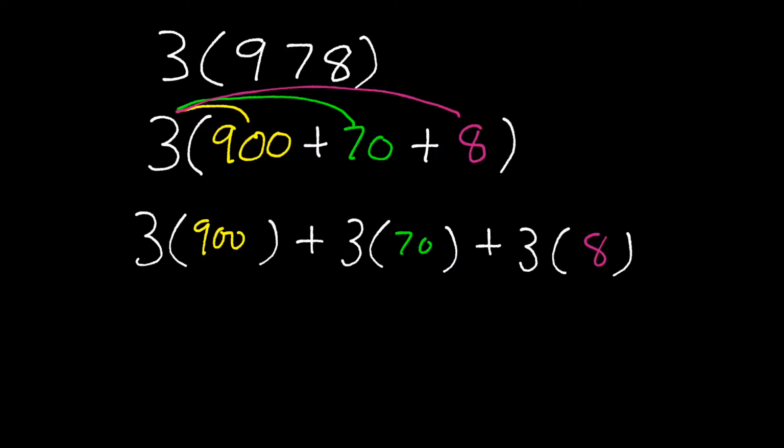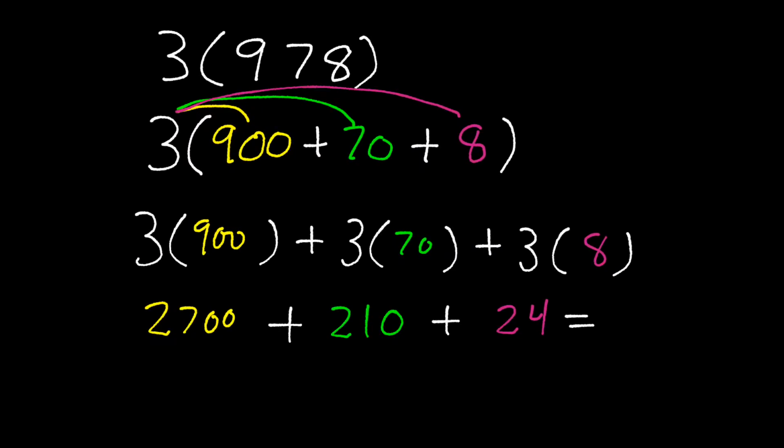These, like I said, should be much easier for us to do mentally. 3 times 900 is 27 with 2 zeros. 3 times 70 is 21 with 1 zero. And 3 times 8 is 24. So now I can add all of those up. And if I add 2,700 plus 210 plus 24, I'm going to end up with 2,934. And that is my final answer.